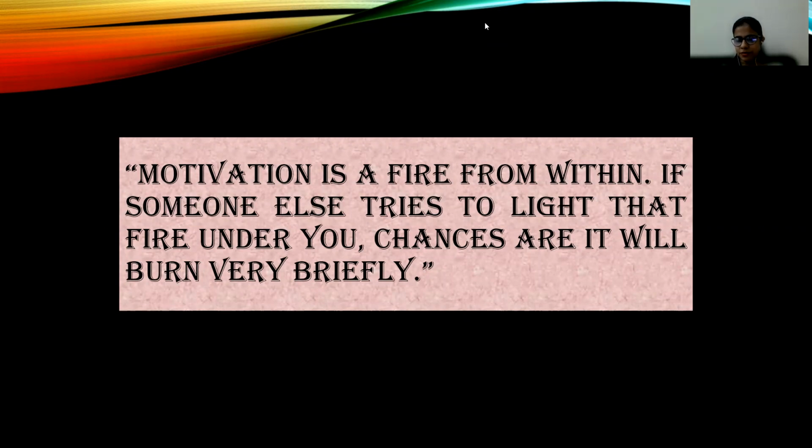It is a fire which forces you from within, which pushes you from within. First, no one from outside can light that fire, but even if someone tries to light that fire in you, there are chances it will burn very briefly. It is not going to give you the desired result.